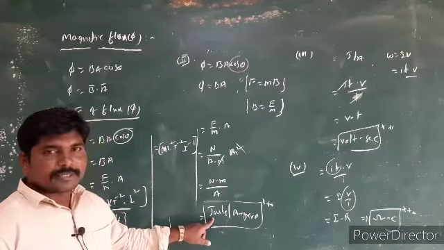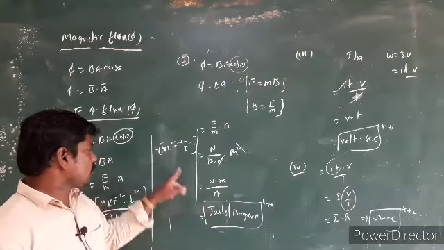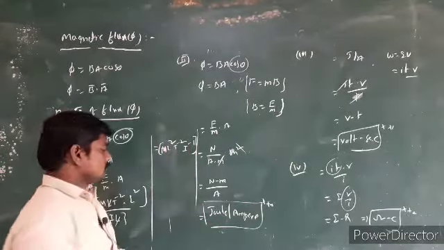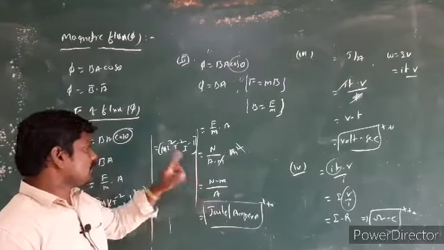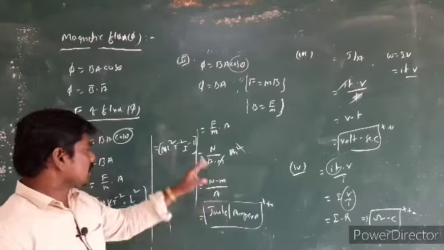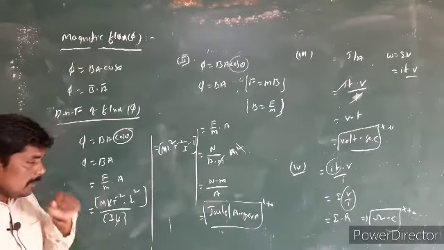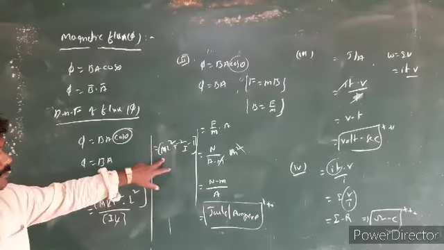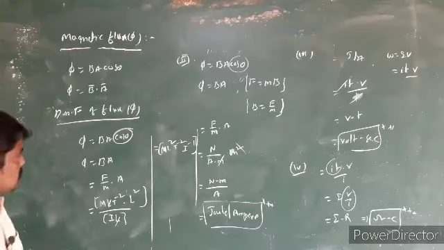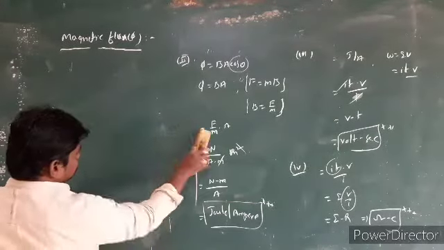Joule is the unit of work. Dimensional formula of work is ML square T power minus 2. Dimensional formula of ampere is capital I. Therefore, if you take that capital I to the denominator, ML square T power minus 2 I power minus 1. This is the dimensional formula of magnetic flux. These are the units of magnetic flux. The magnetic flux is a scalar quantity.